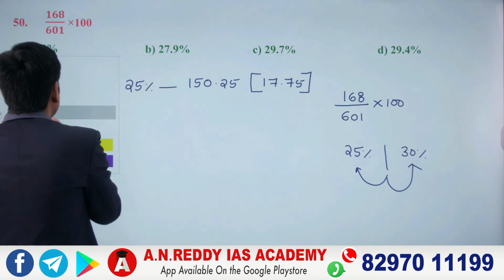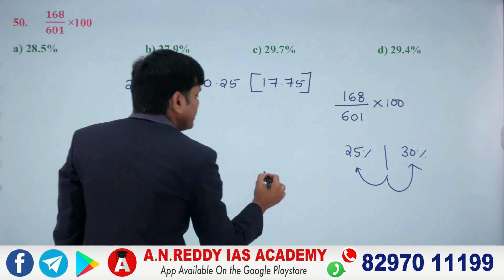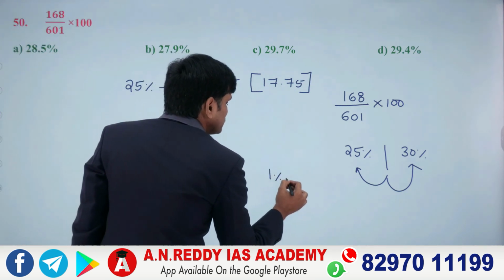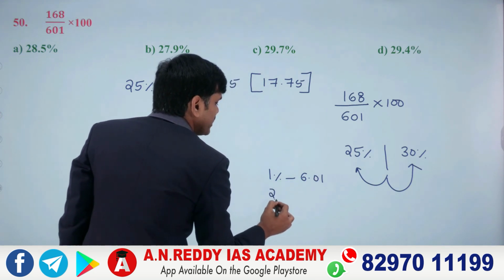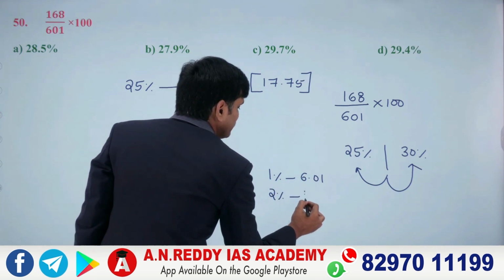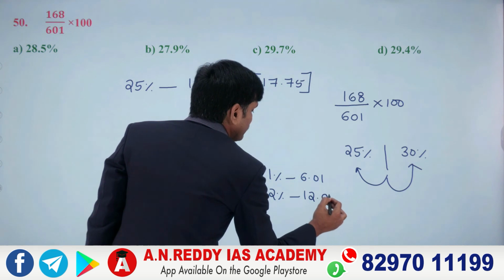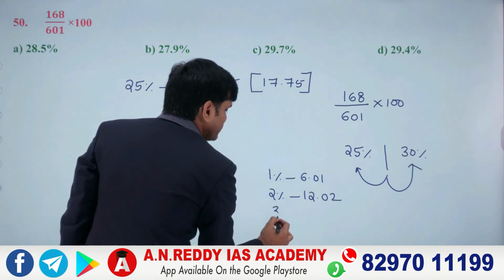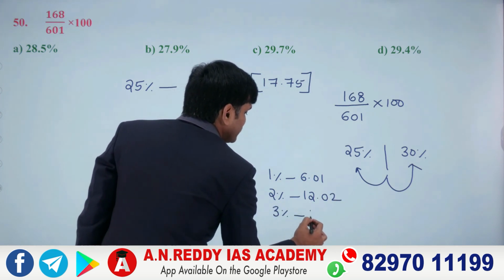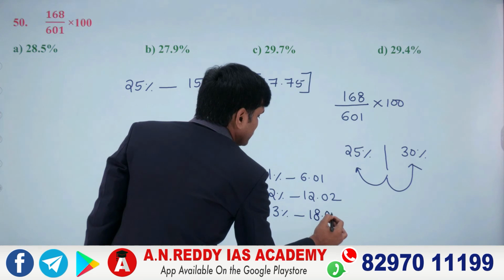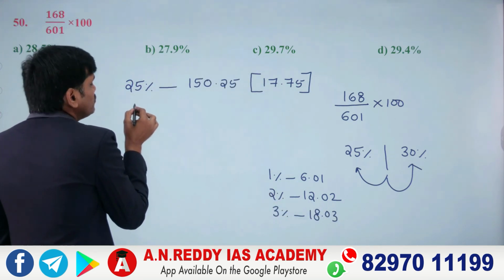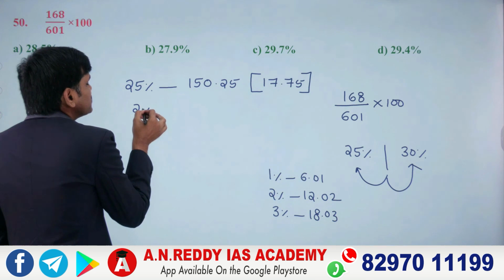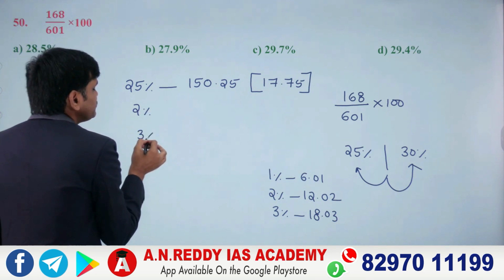Can I add 1%? Can I add 2% like that? 1% of 601 is what? 6.01. Yes, I can definitely add. Can I add 2%? It will be double of that, hence 12.02. Can I add 3%? 3% will be triple of that, hence 18.03.